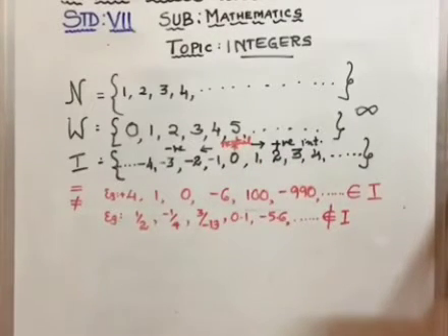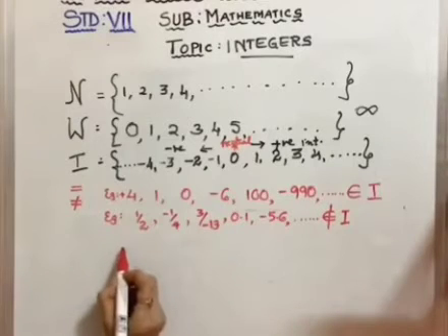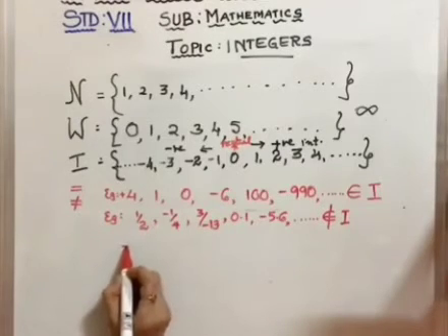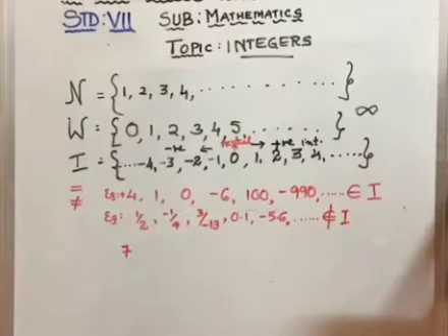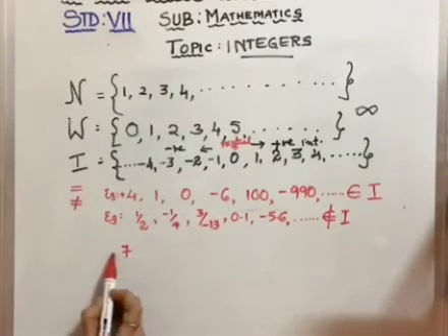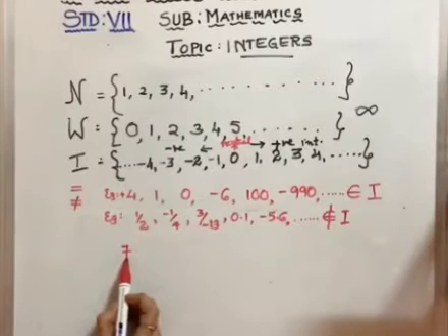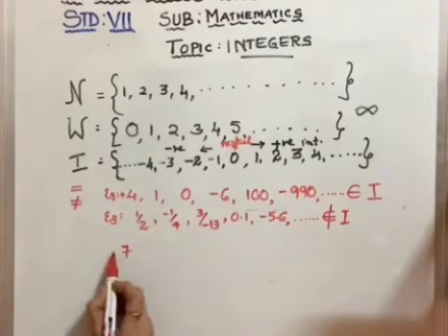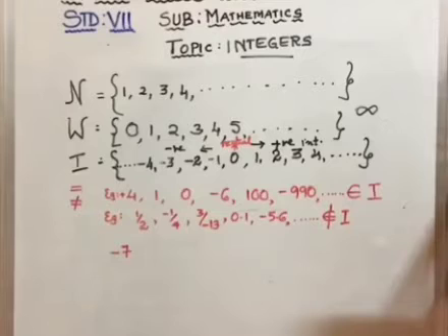But suppose you want to represent a negative number, and you write simply 7, then it will be understood as a positive integer because you have not attached a sign. If you write 7, then we understand it as positive 7. But if you want to represent negative 7, then attach the sign negative.